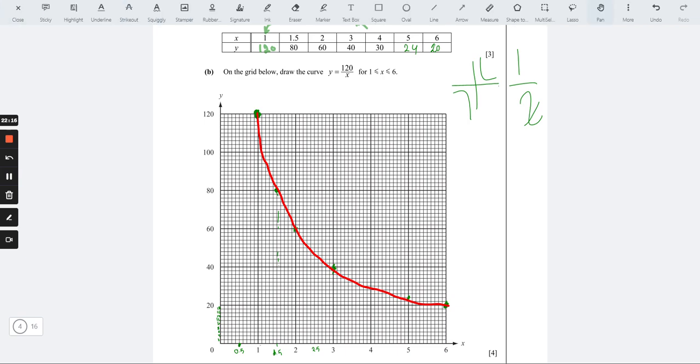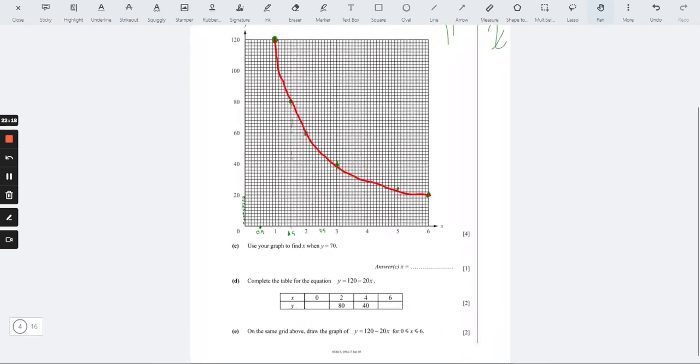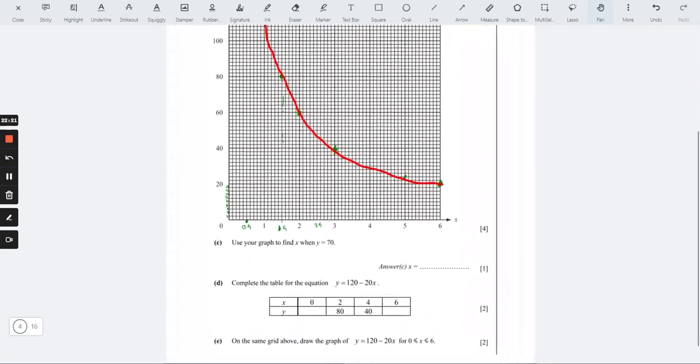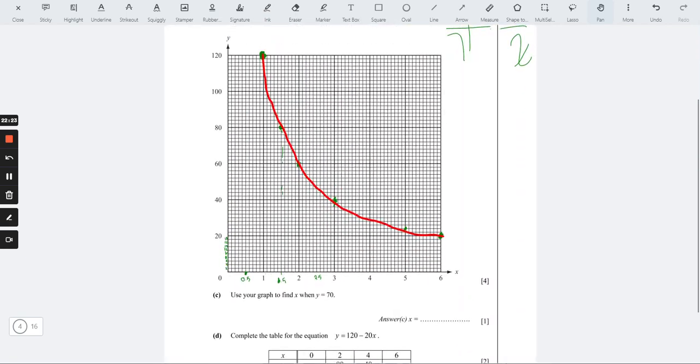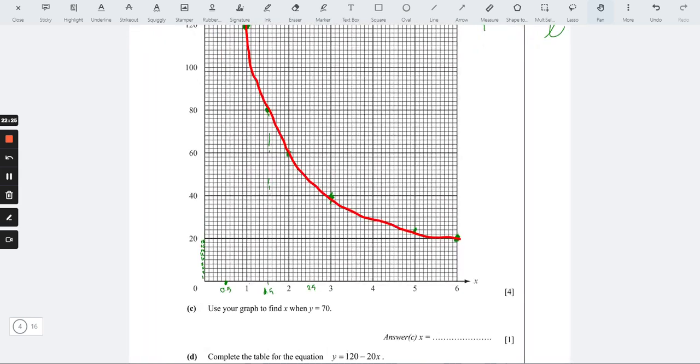Now use the graph to find x when y equals 70.